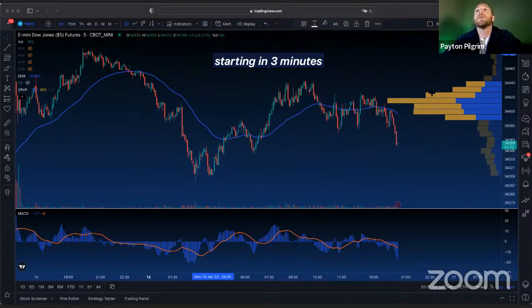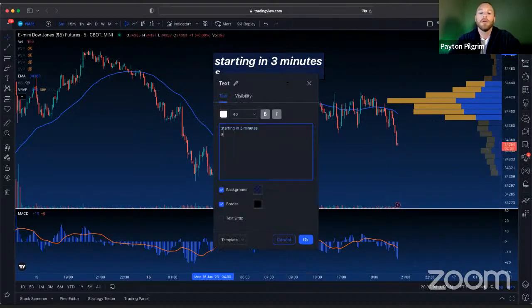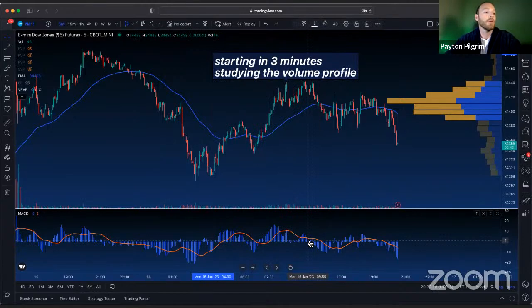Going to be studying the volume profile. I got a drink right here. Oh, gold is moving a little bit.